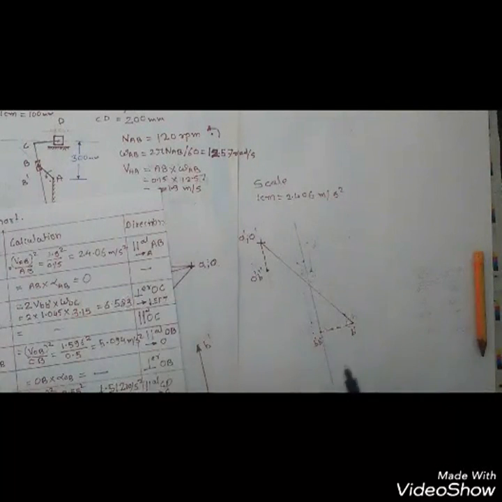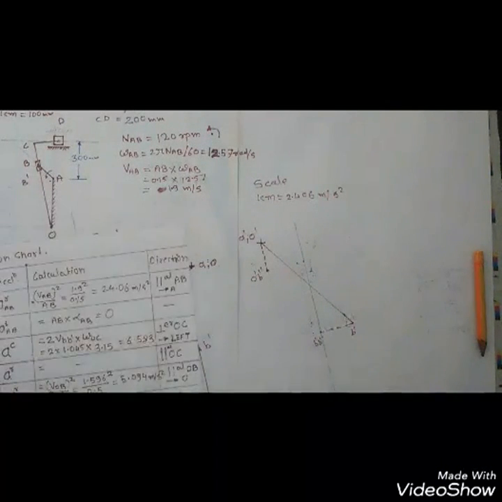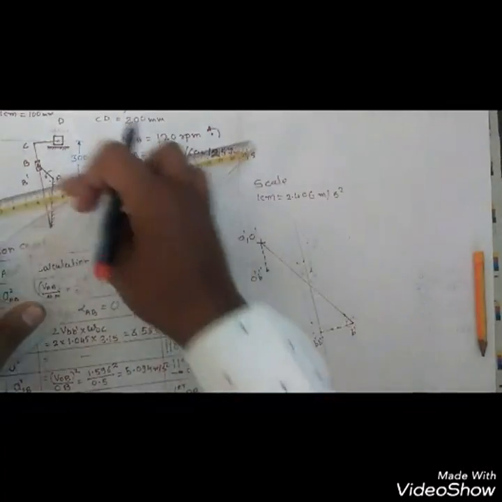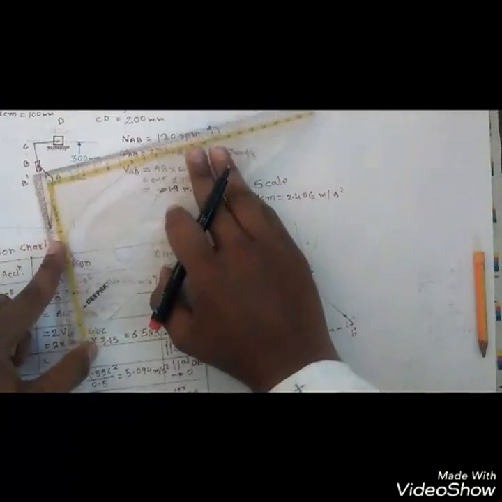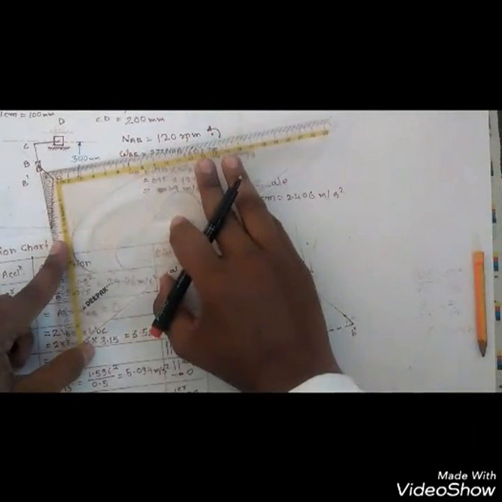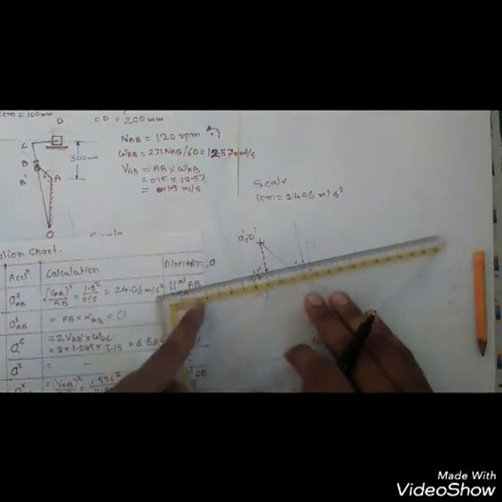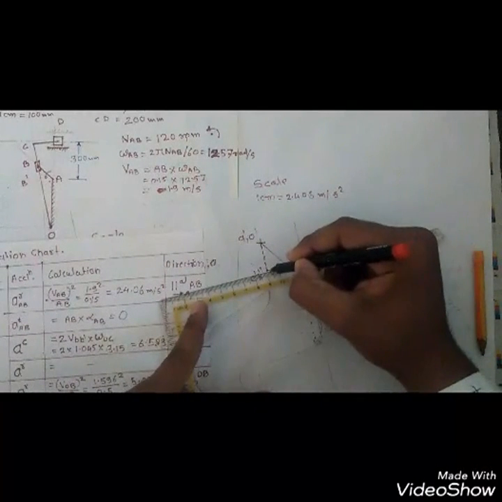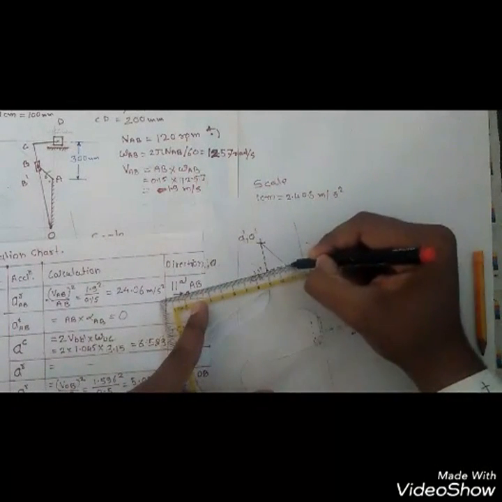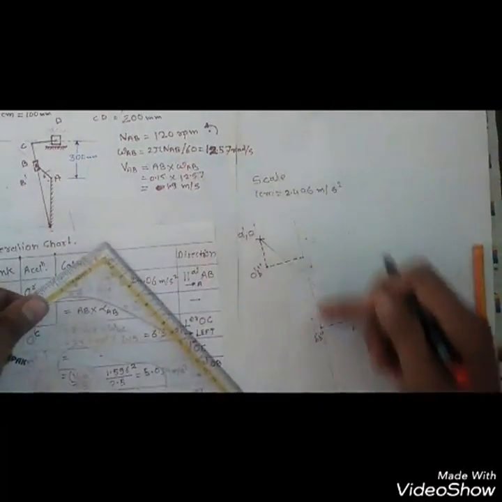The next one is the tangential component for OB. It is perpendicular to OB. Therefore you have to draw a vector perpendicular to OB like this. Now this will intersect the initial locus which we drew after the Coriolis component, this locus.